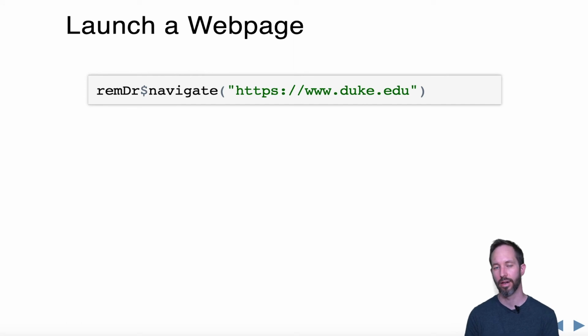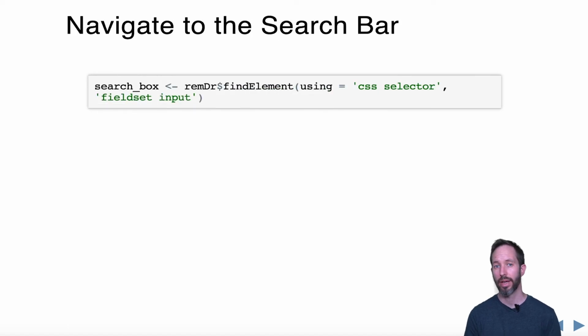Once we hit this command and run it, a browser will open up on your computer, either Chrome or Firefox, depending on what you select when you set up Selenium. Then you can pass additional instructions from your code in RStudio to that browser. For example, this is how you'd tell the driver to navigate or click on the part of the web page that includes a search box.